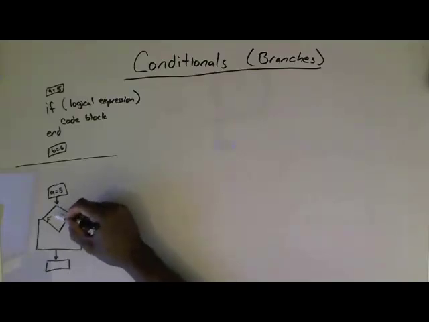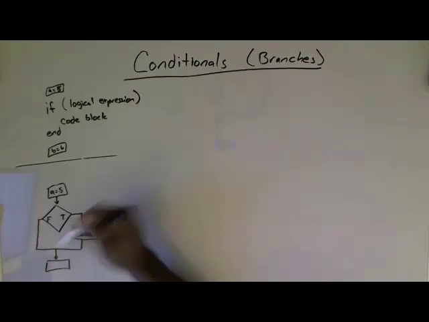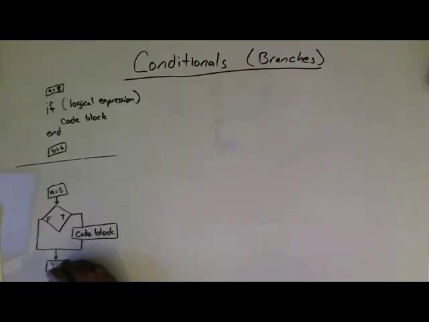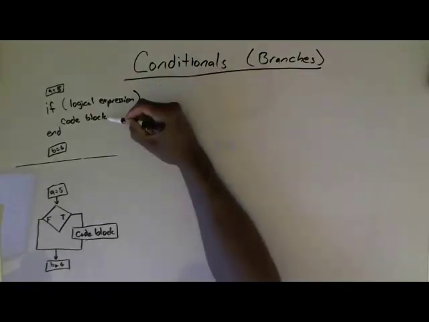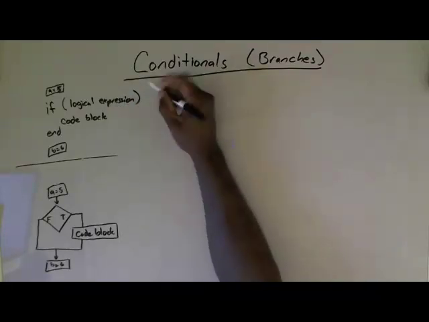If it's false, then I do nothing. Okay, and then I execute this next block of code there. So that's the basic if statement. It allows me to make a test, and if that test is true, I do something. If that test is false, in this case, I do nothing.